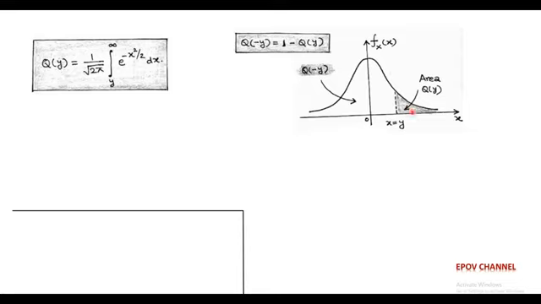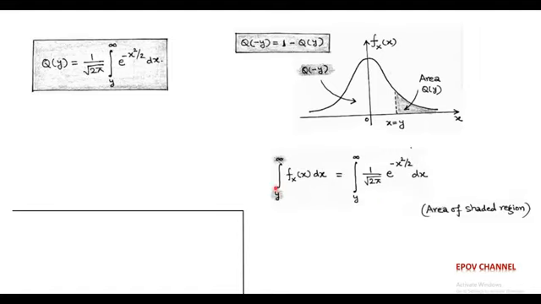Now, for the expression of the Q function, we first find the area of the shaded region, and it equals the integration of f(x) dx, taking limit x equals y to plus infinity, and in place of f(x), that is the Gaussian PDF, we can write 1 upon under root of 2 pi into e to power minus x square by 2.